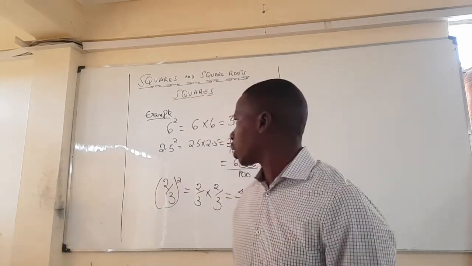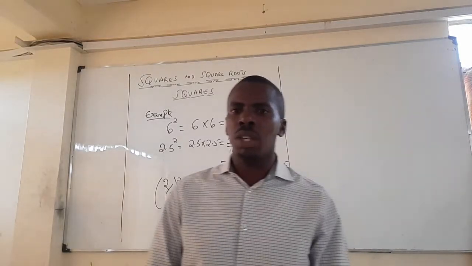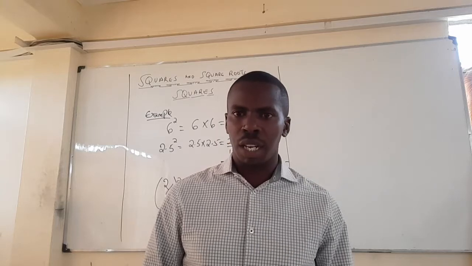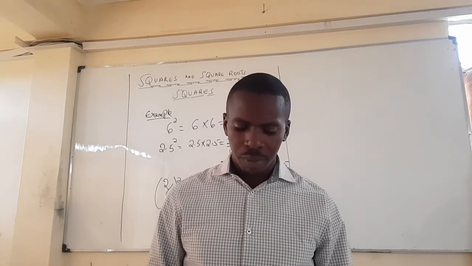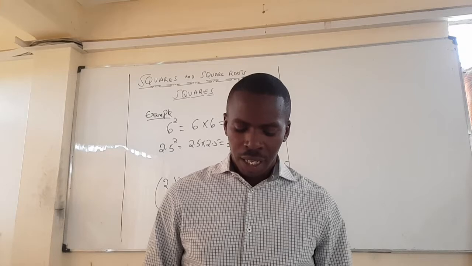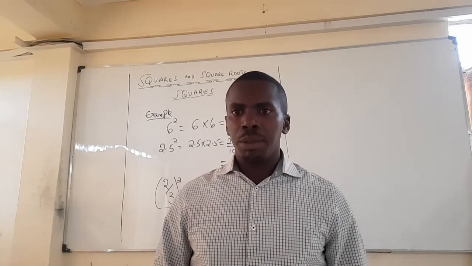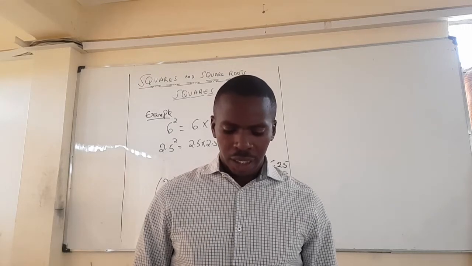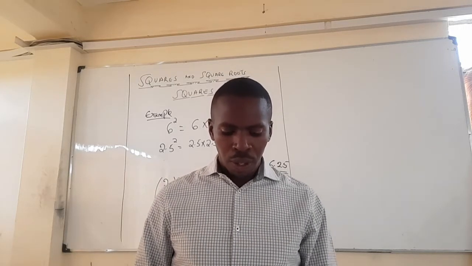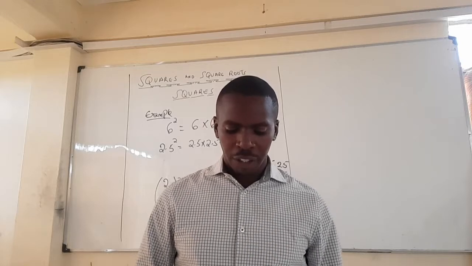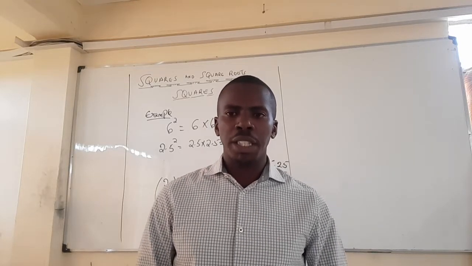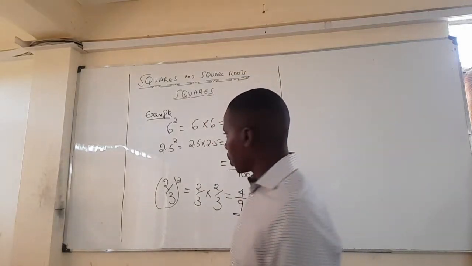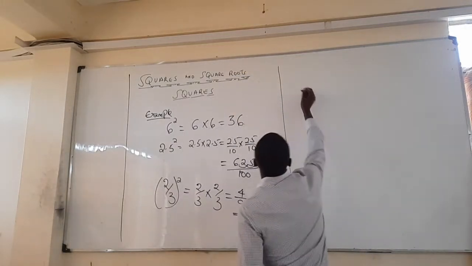Now, instead of multiplying, we can just look at it and get the answer for a particular number that we are required to find the square of. When you look at our table, it has a range of numbers between 1 and 10. That is the square of a number using the table.